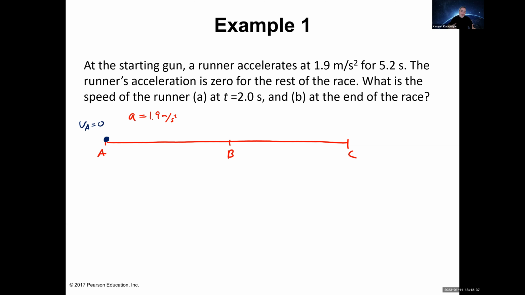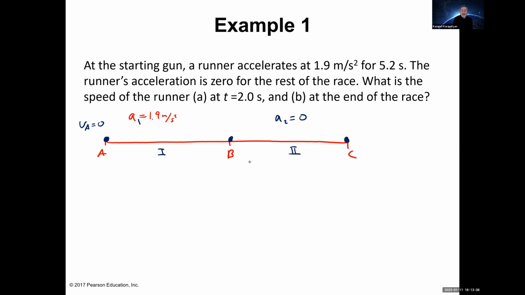Starting at the gun means you start from rest and you start accelerating. Then you're going to get to position B. Now it's going to continue moving from B to C, but there's no longer acceleration. So this is the first segment, where there is acceleration, and then this is the second segment, where there is no acceleration. So for the second segment, acceleration is 0, but then there's motion at constant velocity from B to C.